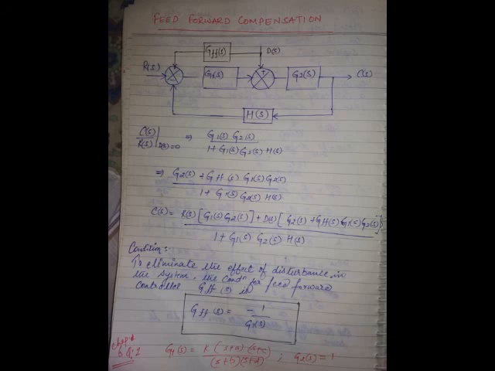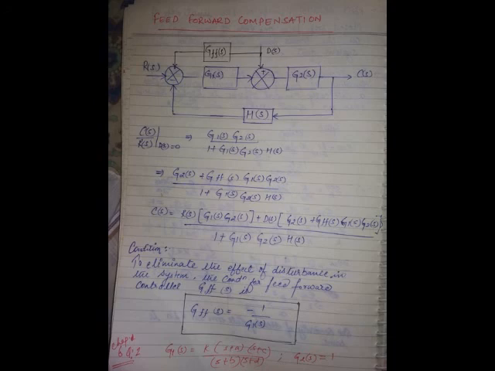the condition for the feed-forward controller G_FF is that this should be minus 1 by G1. This is the condition. Put G_FF as minus 1 by G1.